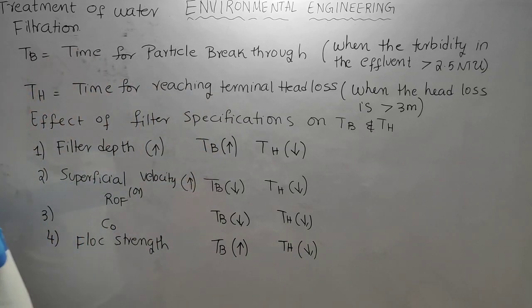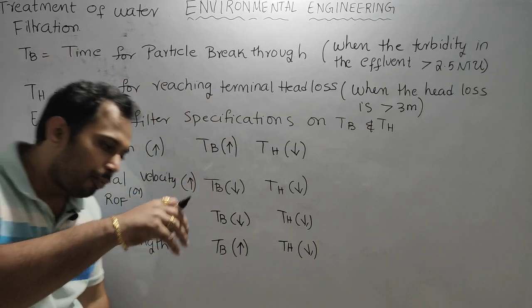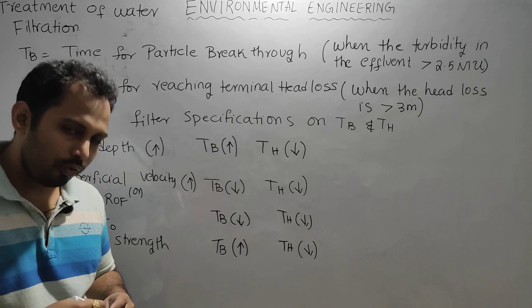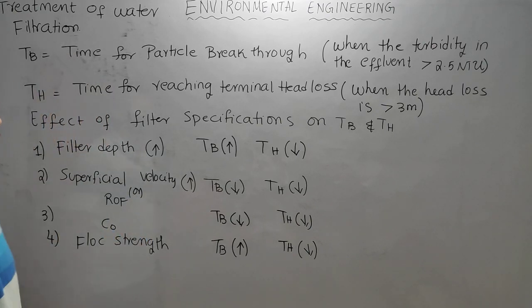The flock will take up the pores, the porous spaces of the filter media, because of which it won't allow any turbidity to pass through the filter media. At some time or other, the flock strength is completely utilized.